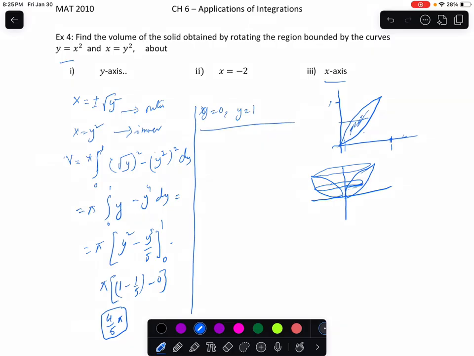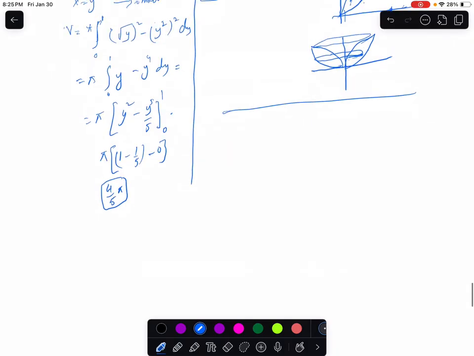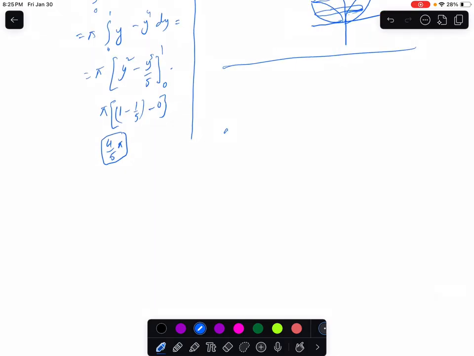About the x-axis, it goes like this. Again we have that shape. So what is the outer radius? This one, which is square root of x.